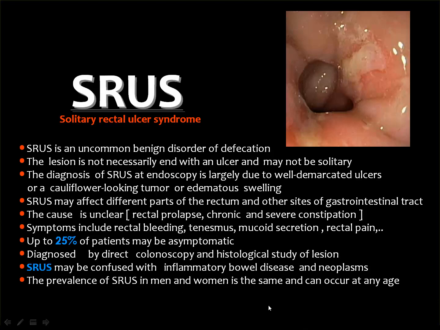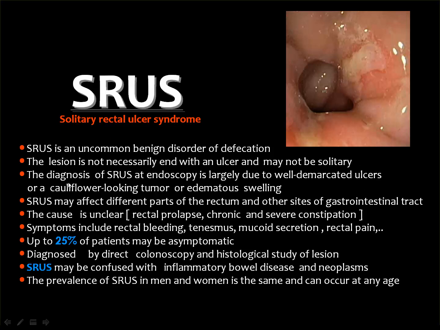And finally, we came to what is known as solitary rectal ulcer syndrome. This is an uncommon benign disorder of defecation, and it is not necessarily an ulcer and may not be solitary.